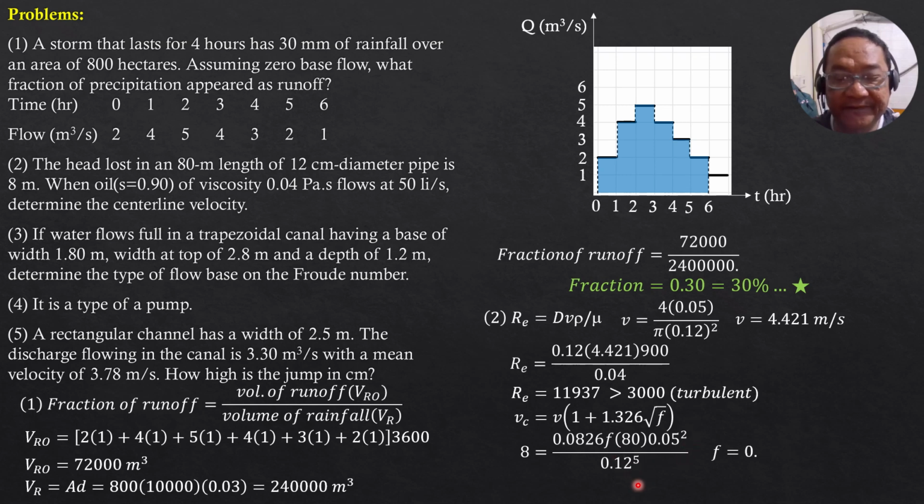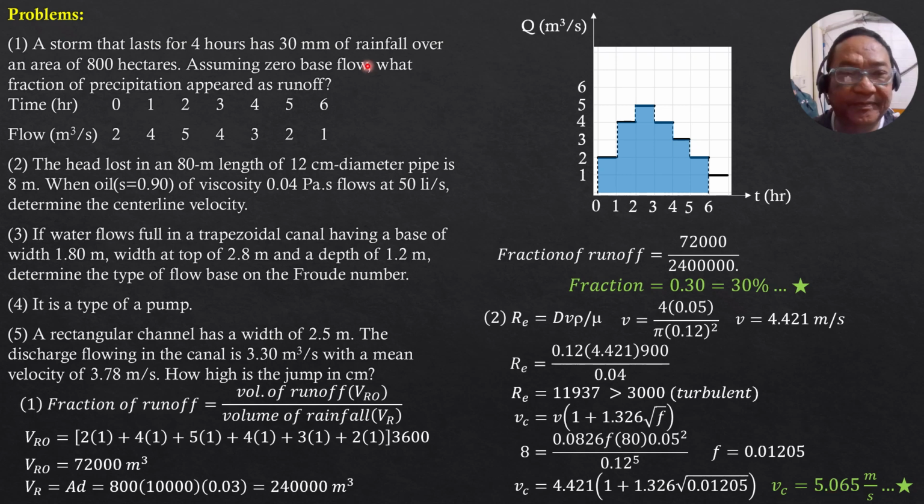Solving, F is equal to 0.01205. Substitute back, V sub C is 4.421 times the quantity 1 plus 1.326 square root of 0.01205. So V sub C is equal to that value.